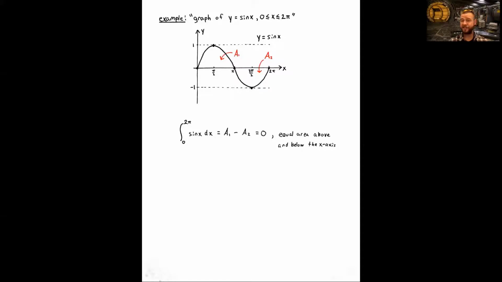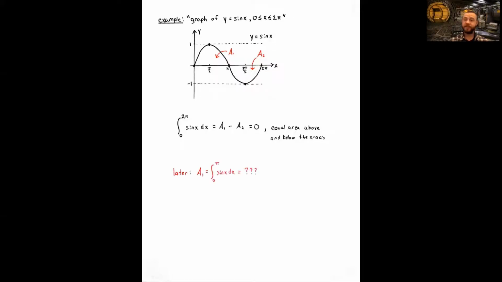Since A1 and A2 are equal in size, they have equal area, just their orientation above or below is different. That basically is going to add or subtract to 0. And that is because the graph of sine has equal area above and below the x-axis over that interval 0 to 2 pi.